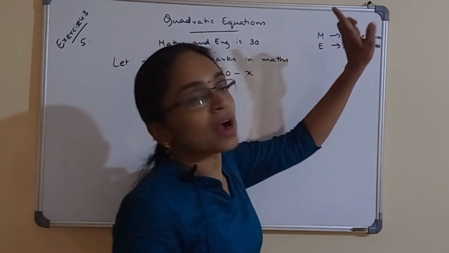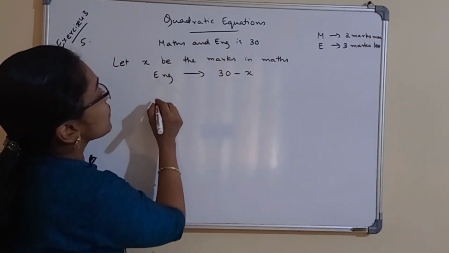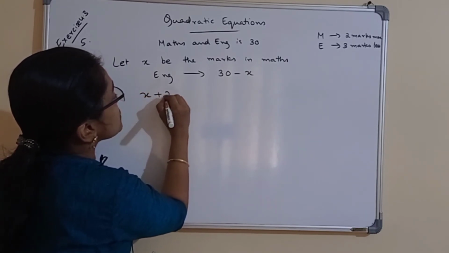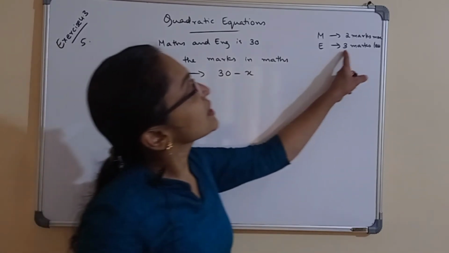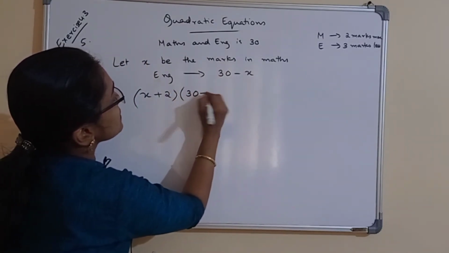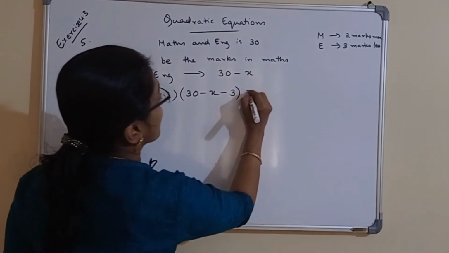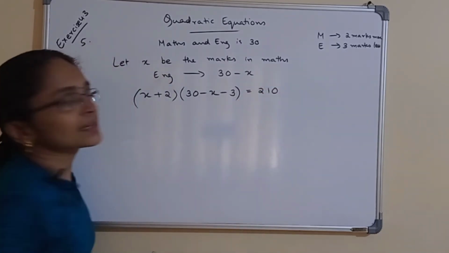If she had scored 2 marks more in mathematics, that means x plus 2. And 3 marks less in English means 30 minus x minus 3. Their product would have been 210.